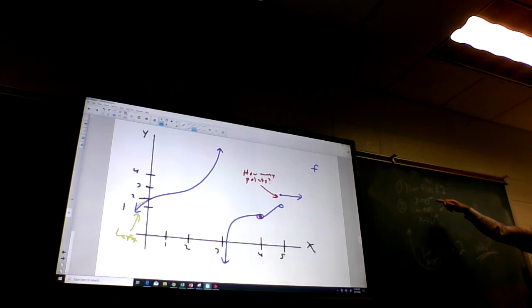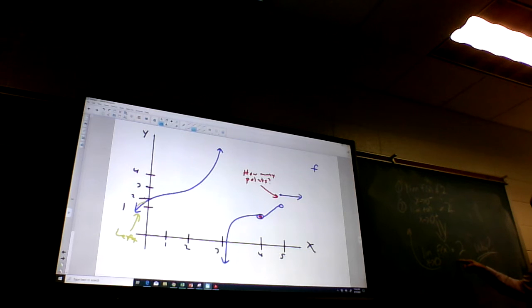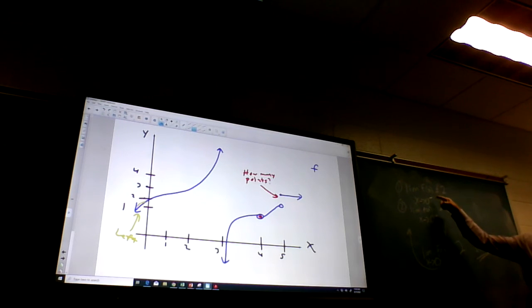These two are equal, right? Why is the limit 2? Because the limit on the left is 2, the limit on the right is 2, and 2 is equal to 2. Does that make sense? Yeah.